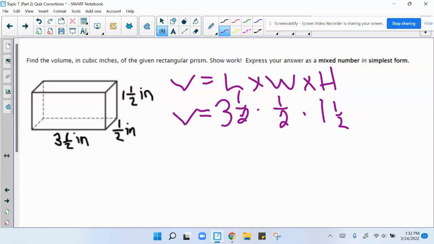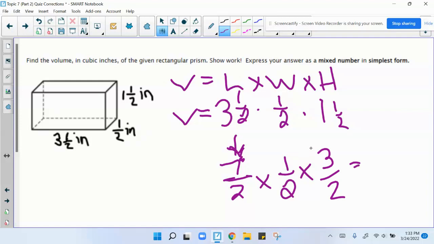When I am multiplying fractions, first thing I need to do is change them to improper fractions. Let's change 3.5. 2 times 3 would be 6, plus 1 would be 7/2. Let me fix that 7. That's kind of messy. Times 1/2. That doesn't need to be changed. 1.5: 2 times 1 is 2, plus 1 is 3/2.